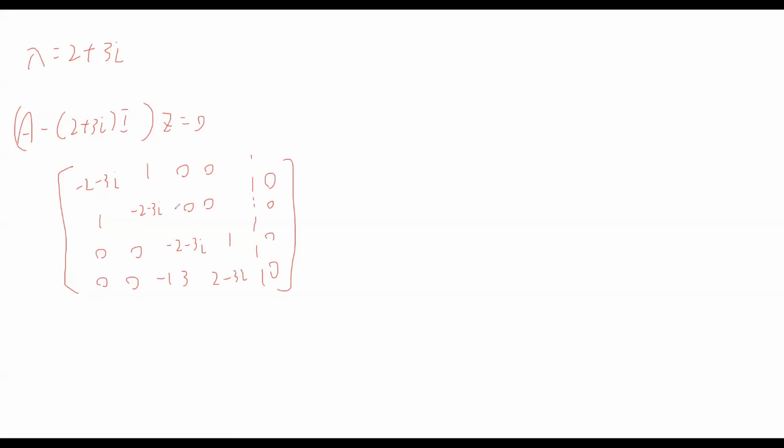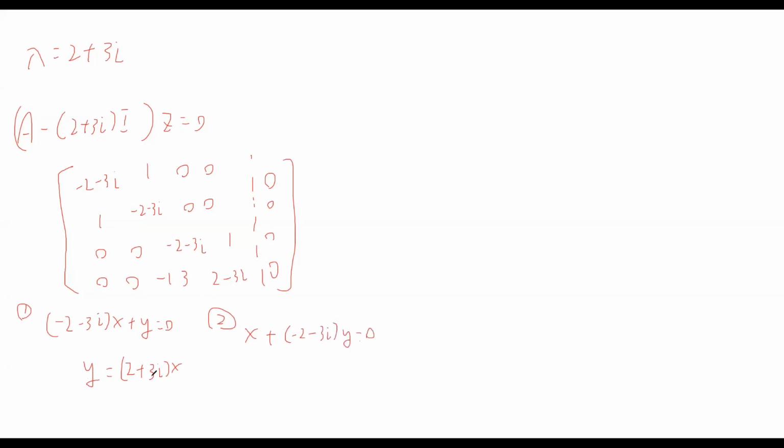All right, and again, we can look at this as a 2 by 2, right? So we can have -2 minus 3i x plus y is equal to 0. So y is equal to 2 plus 3i x, and then put it in here. This is from our first row. All right, second row we have x plus -2 minus 3i y is equal to 0.